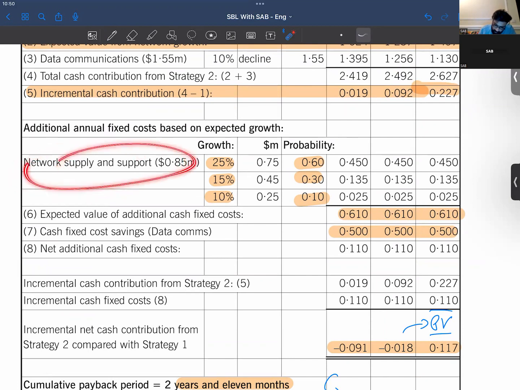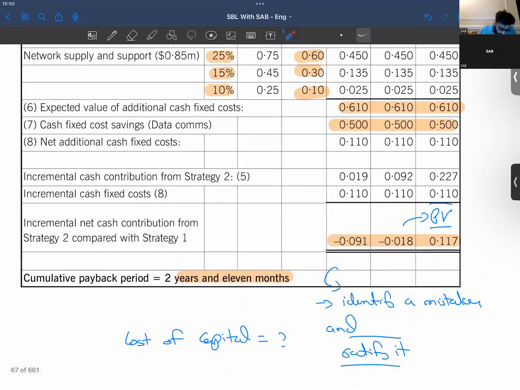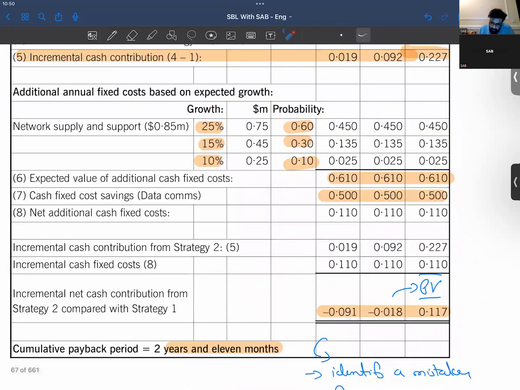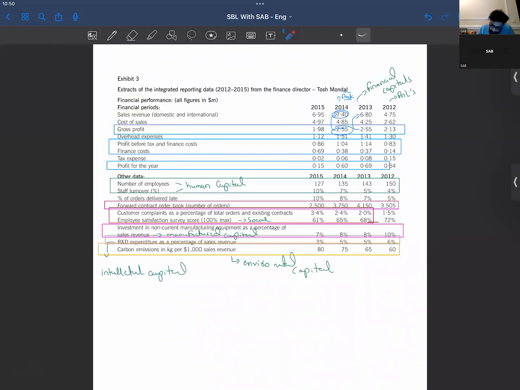This network supply and support is part of the fixed cost, right? If you look for any other particular cost here, it's cost of sales that has increased with a higher proportion, right?